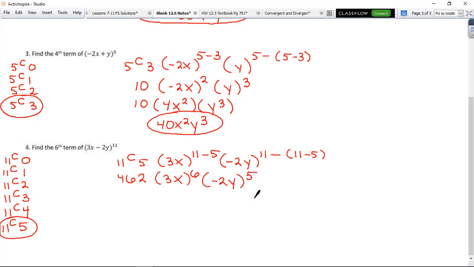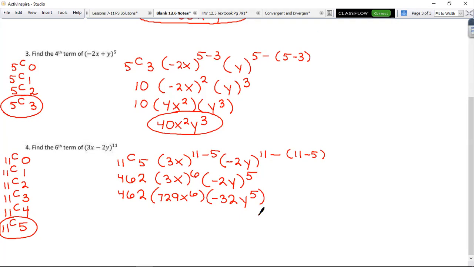Again, those are always going to add to your front value of 11 in this case. So I keep going. I get 462. 3 raised to the 6th power is equivalent to 729. X to the 6th. Negative 2 to the 5th is negative 32. Y to the 5th.